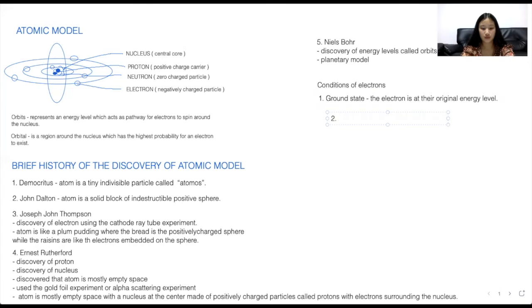Second, we have the excited state, which happens when an electron jumps to a higher energy level after receiving external energy.